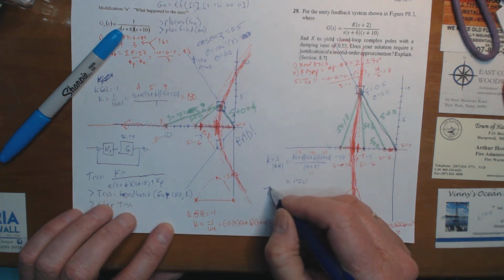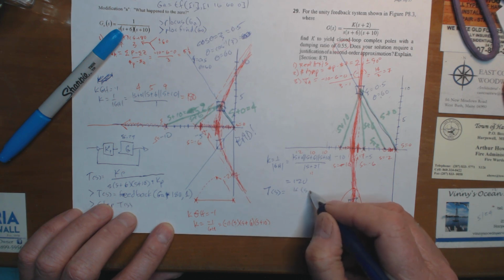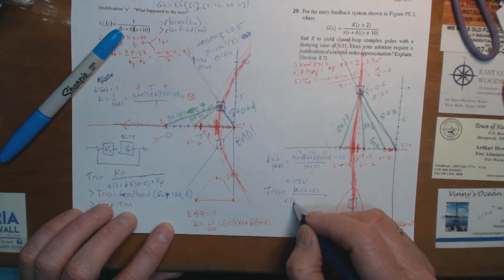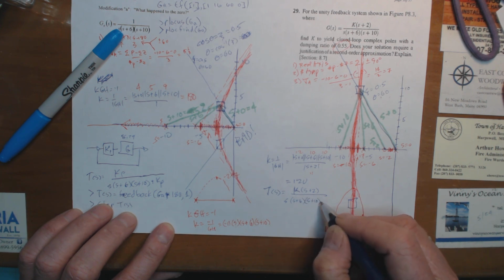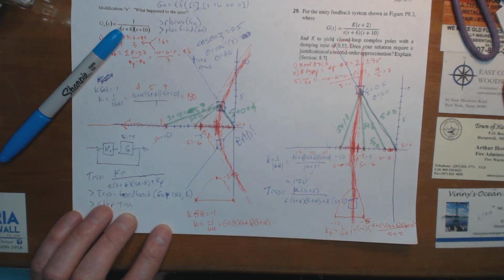And then your job is to say T of S is equal to the numerator of G times the denominator of H, divided by the denominator of G times the denominator of H plus the numerator of G times the numerator of H, s plus 2. So here's the transfer function.